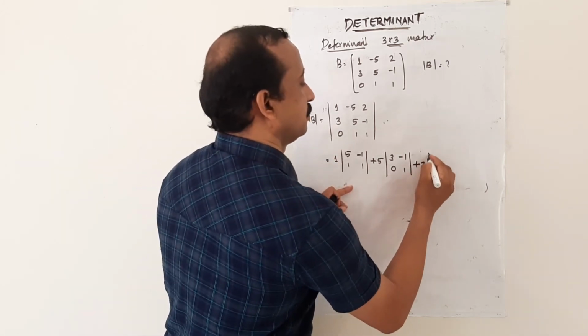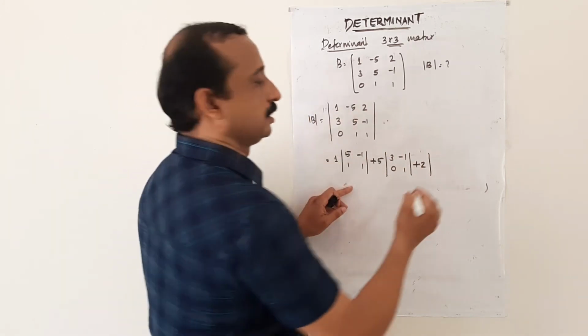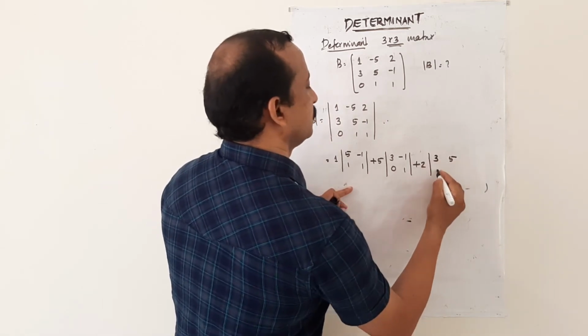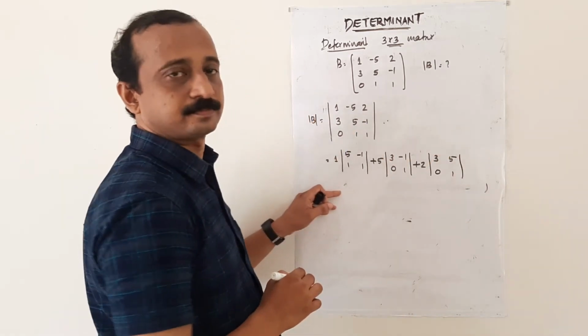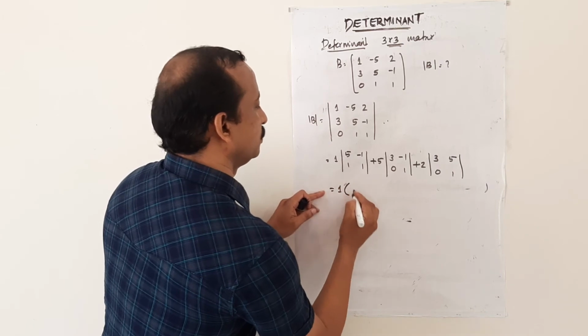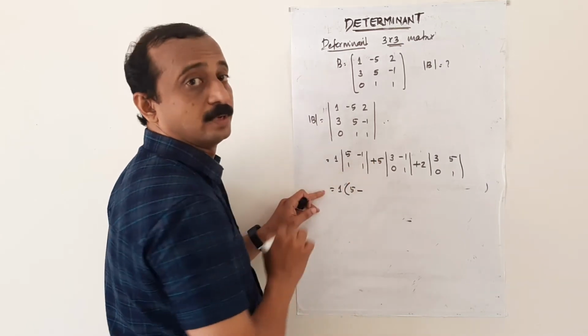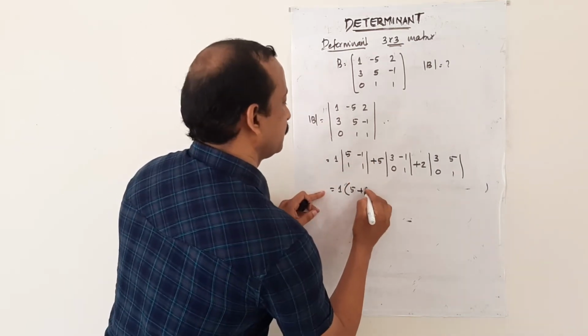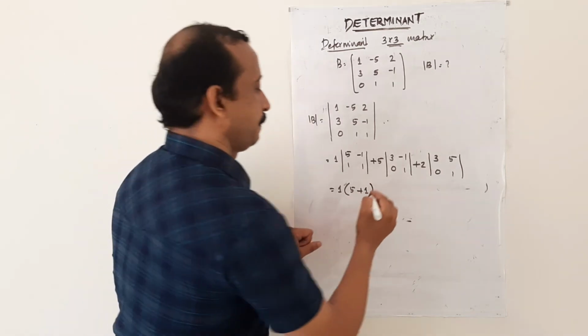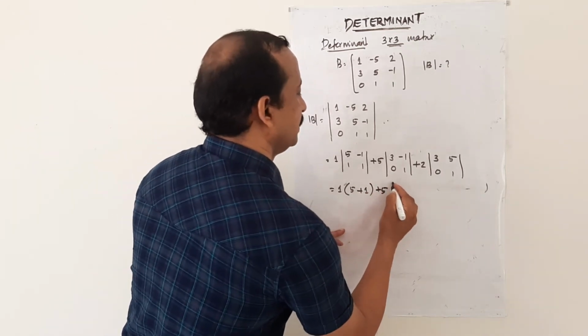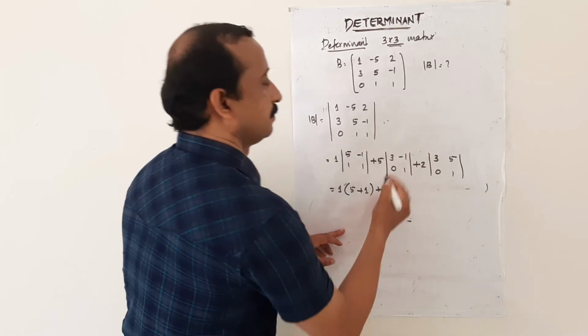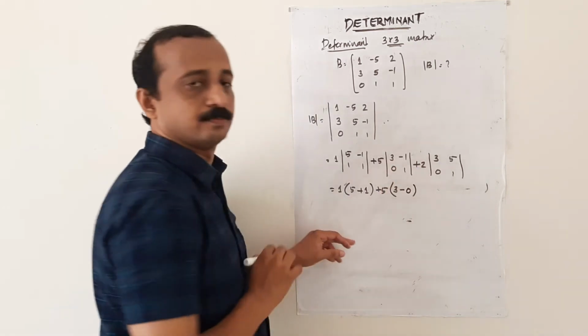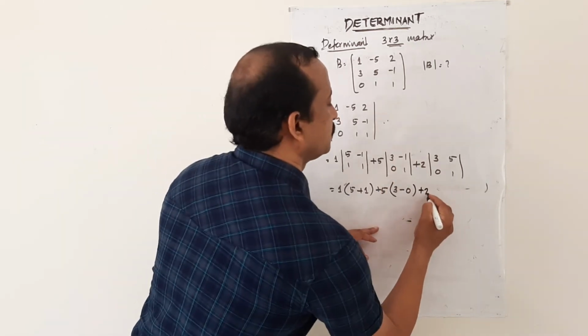Then select last element 2, corresponding row and column delete, 3, 5, 0, 1.